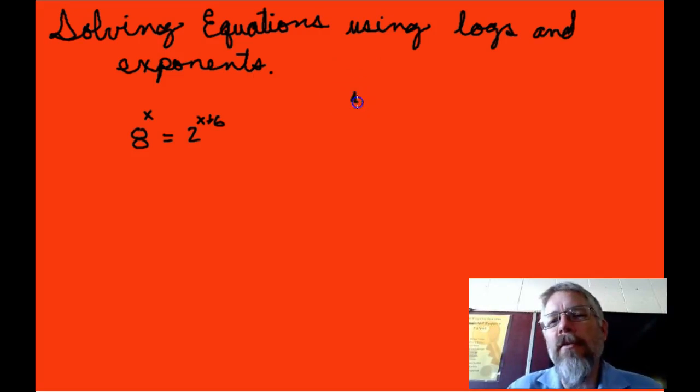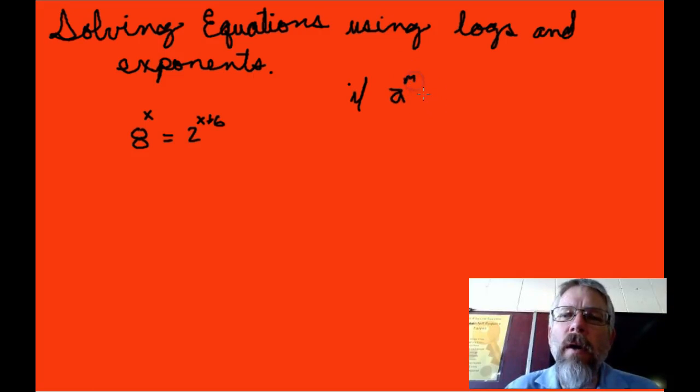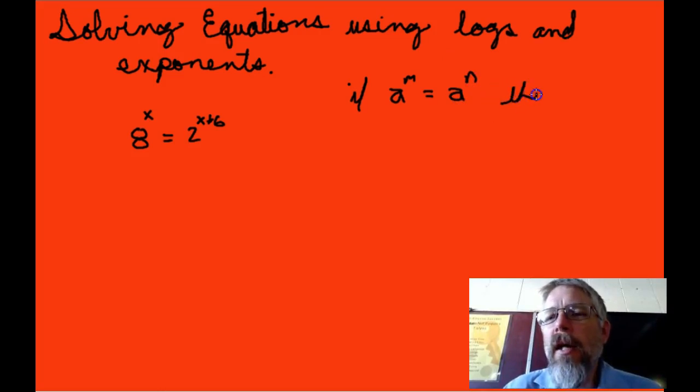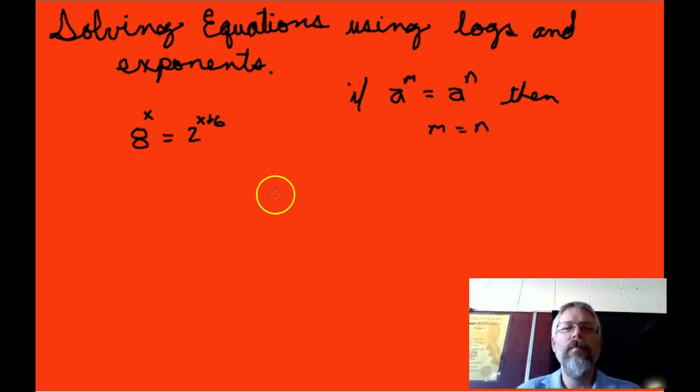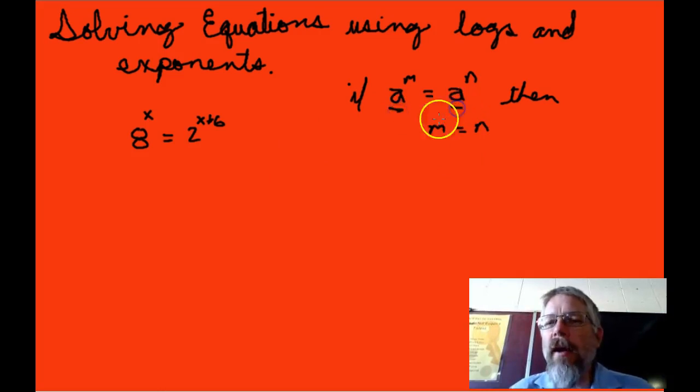It says, if a to the m power is equal to a to the n power, then m has to equal n. So the only way this works, though, is if I have the same base.